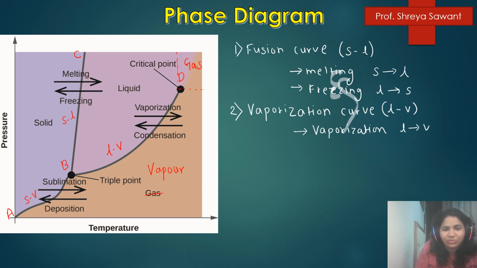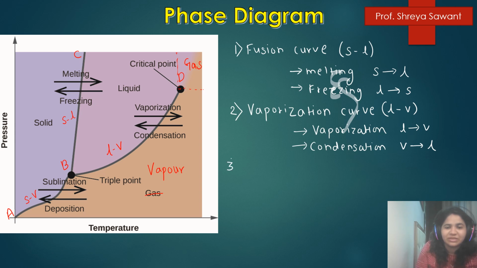And this arrow, from vapor to liquid, is called condensation. So it's vapor to liquid. While converting from one phase to another, we have to change the pressure as well as the temperature. Then and only then can we convert the phases.